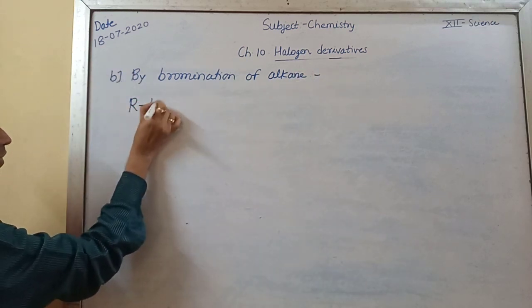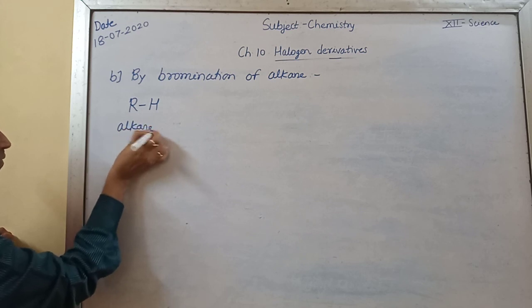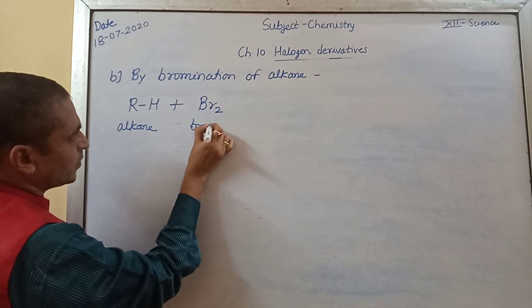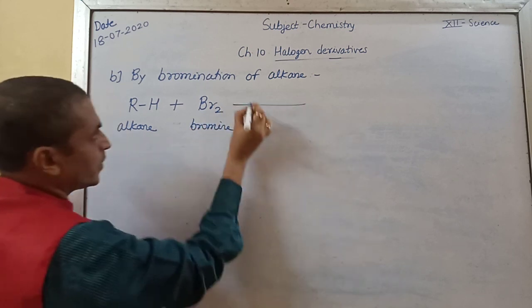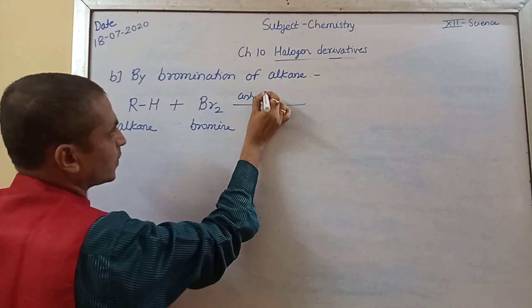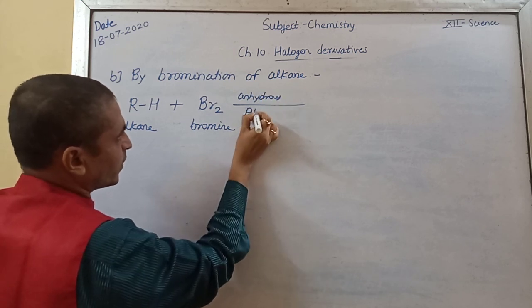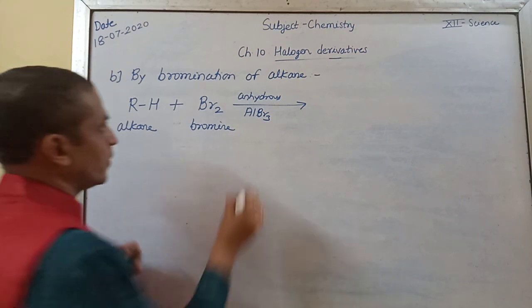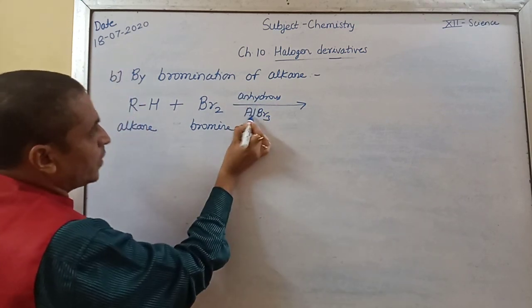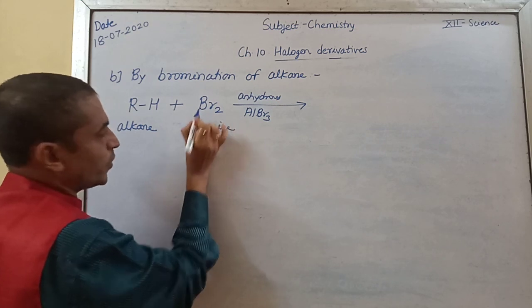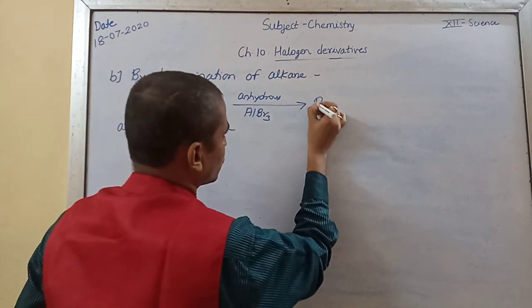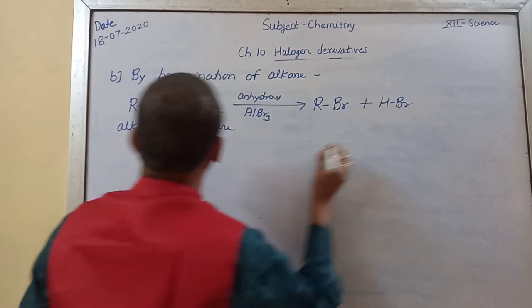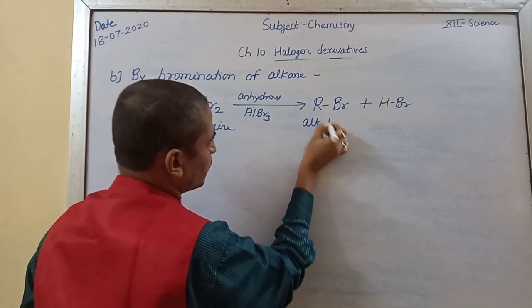The general reaction: RH, that is alkane, plus Br2, that is bromine. Here we are taking anhydrous aluminum bromide. This reaction can also be carried out in presence of sunlight. If you take anhydrous aluminum bromide, then it follows an electrophilic substitution reaction. So you get RBr plus HBr.